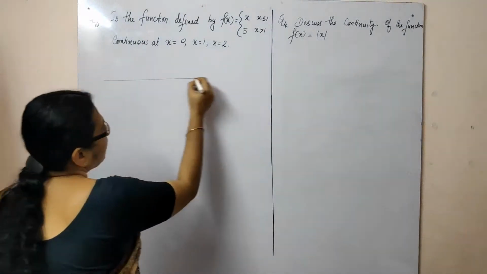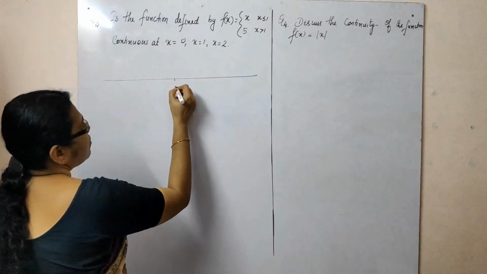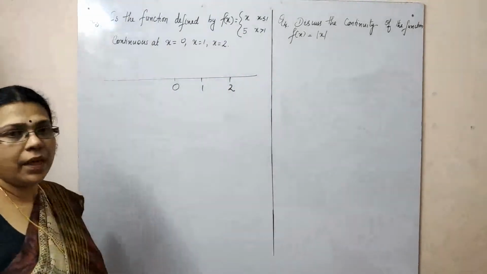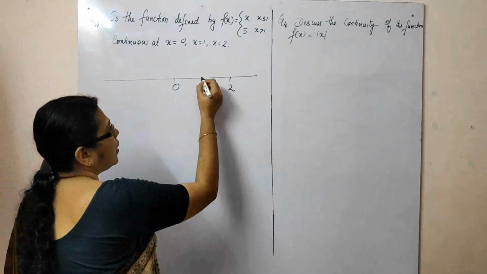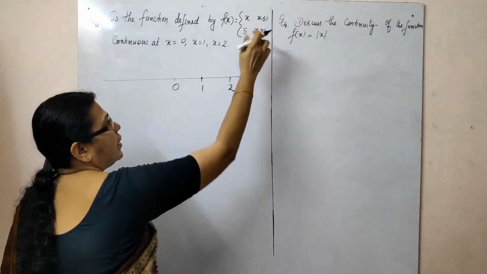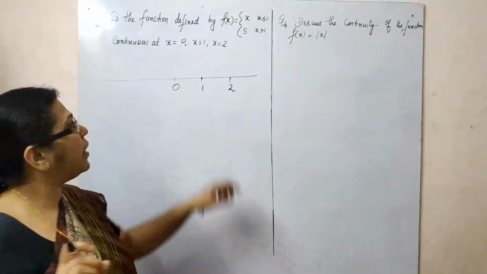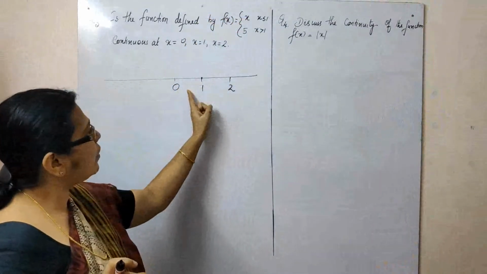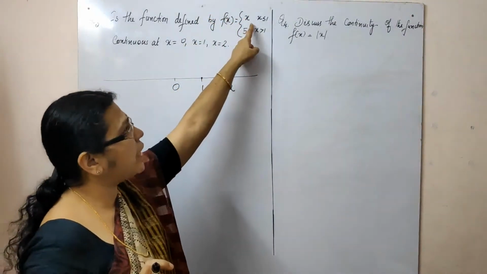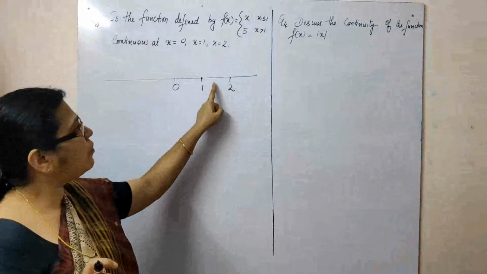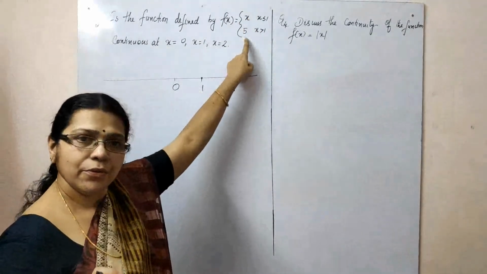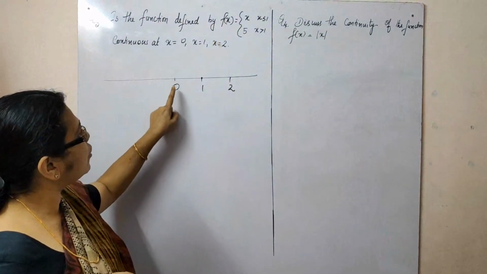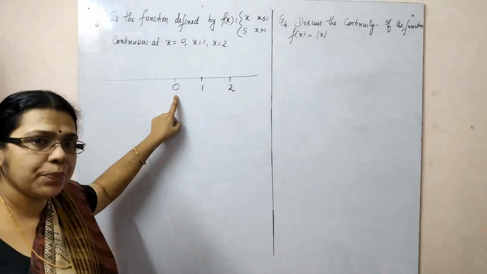Now, let me draw a number line. So, here I have 0, here I have 1, here I have 2. Now, x is equal to 1 is the point where the function is having two different values. On the left of 1, the function is having the value x, and on the right of 1, the function is having the value 5. So, what is the value of the function when x is equal to 0?